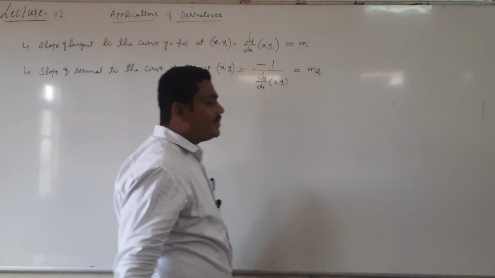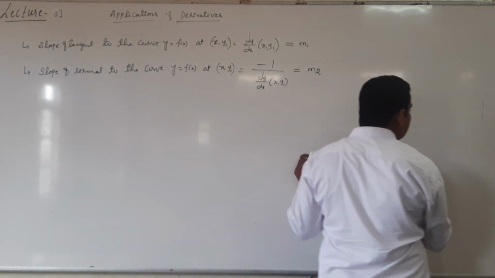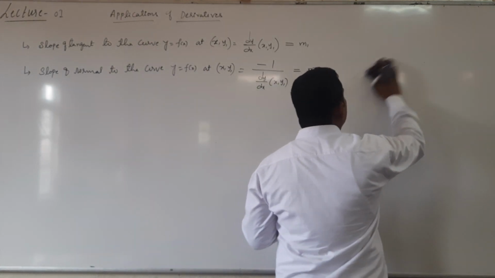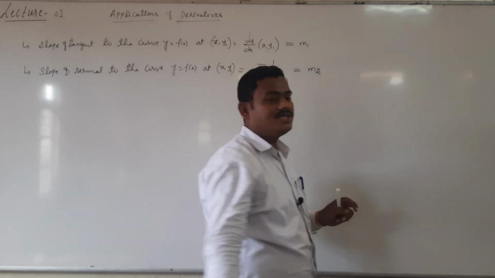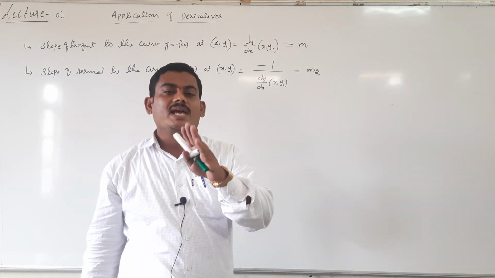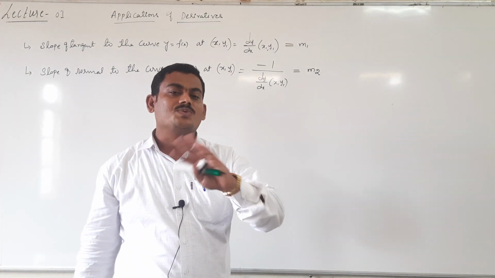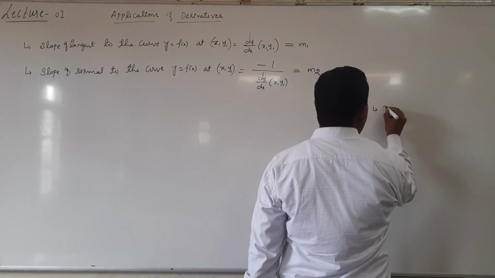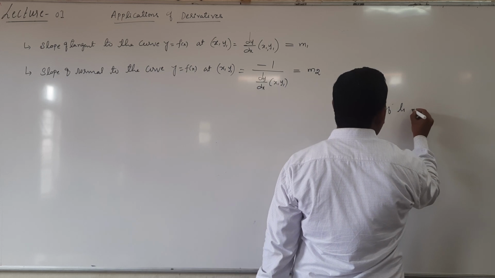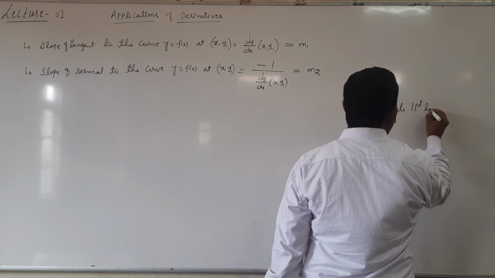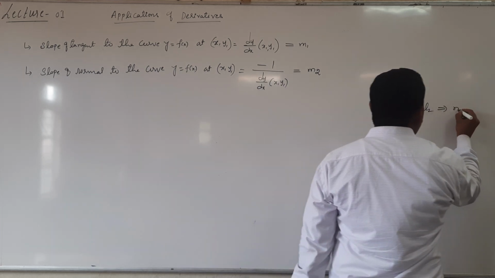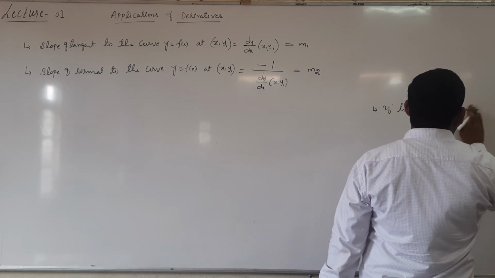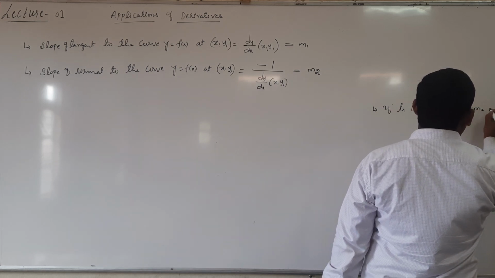Negative reciprocal. Why? Because already you have the conditions in straight lines. If two lines are parallel, then their slopes are equal. If L1 is parallel to L2, then m1 equal to m2.